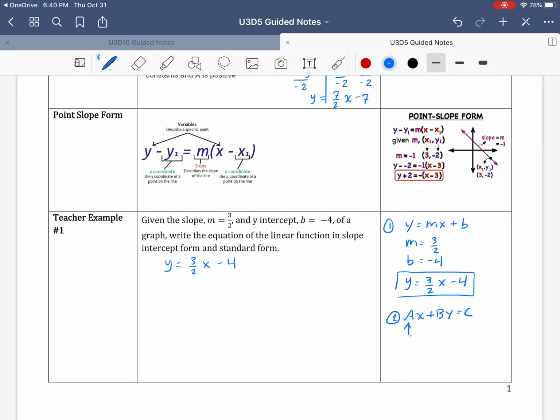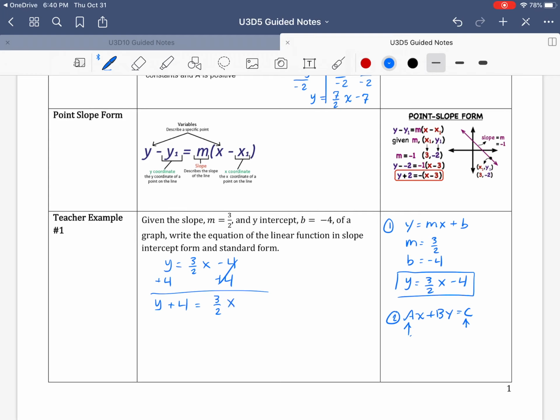And so what I'm going to do is leave my 3/2 x on this side of the equation because it's already a positive number. That means I need to get rid of what's on the other side. Right here, I'm going to add 4 to both sides because my constant is on a different side as my x. So I have y plus 4 equals 3 over 2 x.